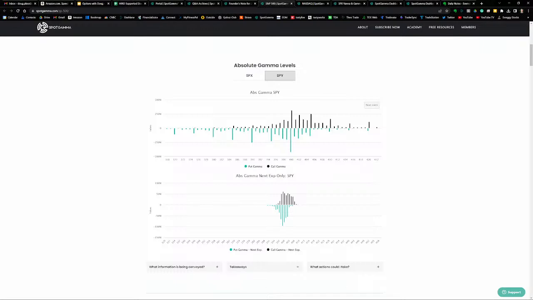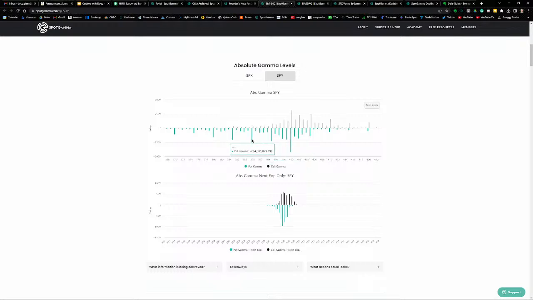The same thing. Positive gamma or call gamma above the zero line shown with the black bars, and negative gamma or put gamma shown below the zero line with the teal bars. And here's the 400 key gamma strike or absolute gamma strike.